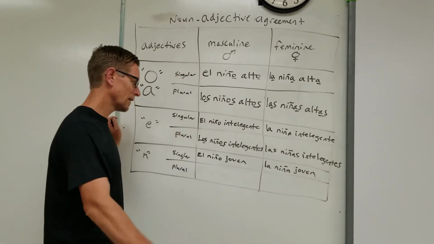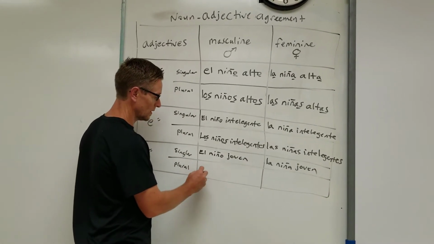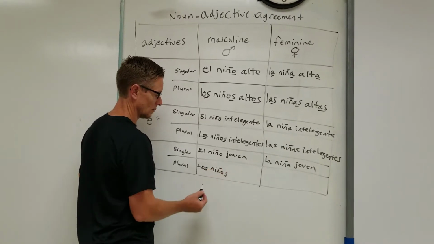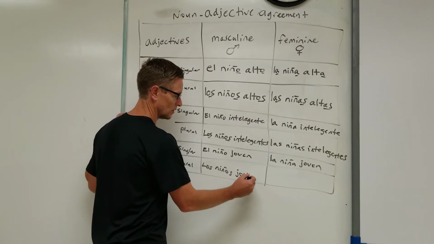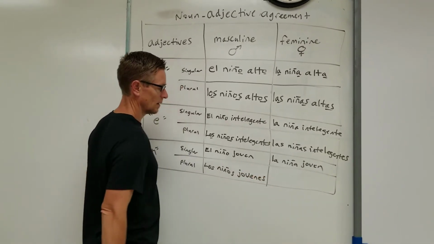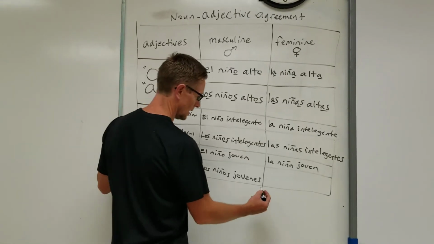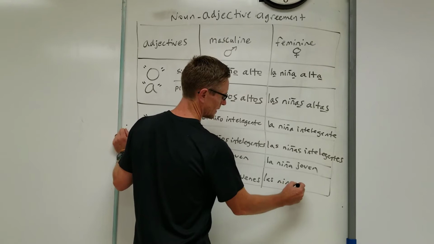Notice I don't put an A there. I don't do that. But notice if I have the young boys, it's los niños jóvenes. Ooh, I put an ES in there. Check that out.